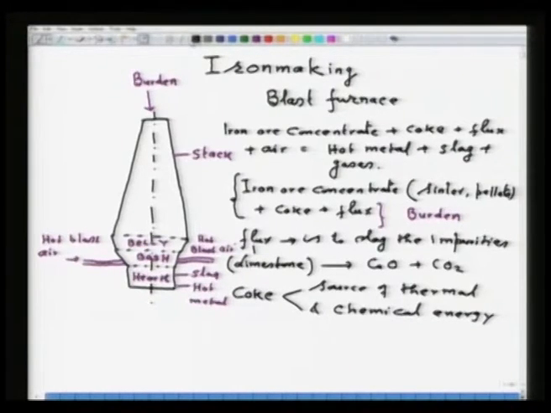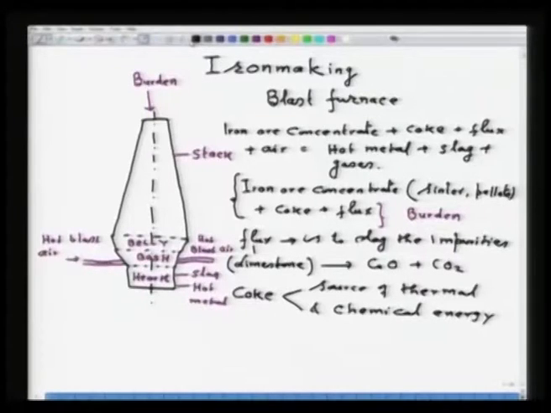That means the hot blast air is introduced through the tuyeres, which are located at the periphery of the blast furnace. Now, what happens? As the burden descends, the direction of burden descent is downward, whereas the gases travel upward. This is the gases and this is the burden.